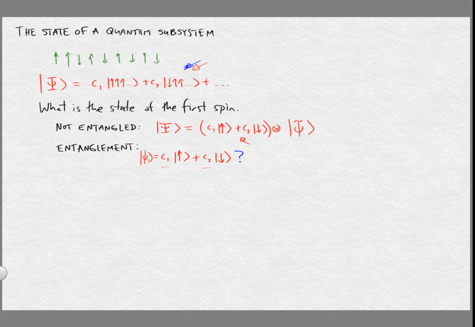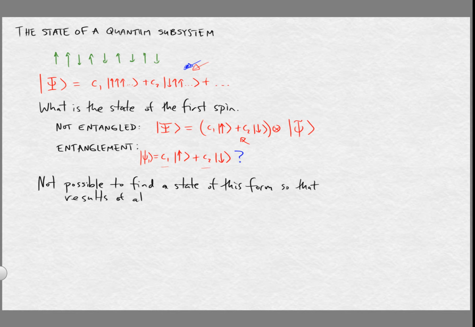And it turns out that it is not possible. It's not possible to find a state of this form so that the results of all measurements would match with the results of measurements on the first spin in the original state.